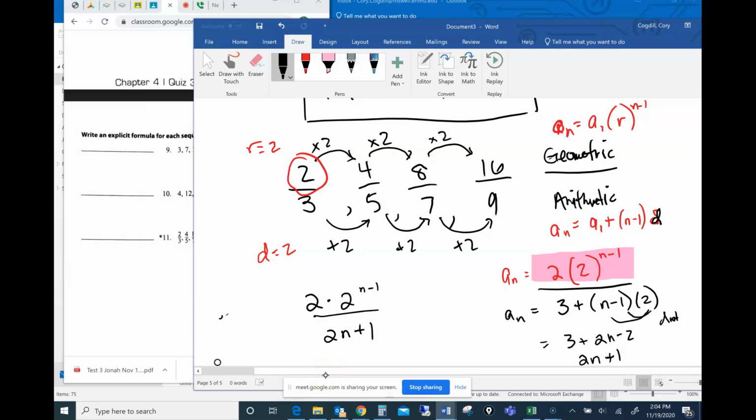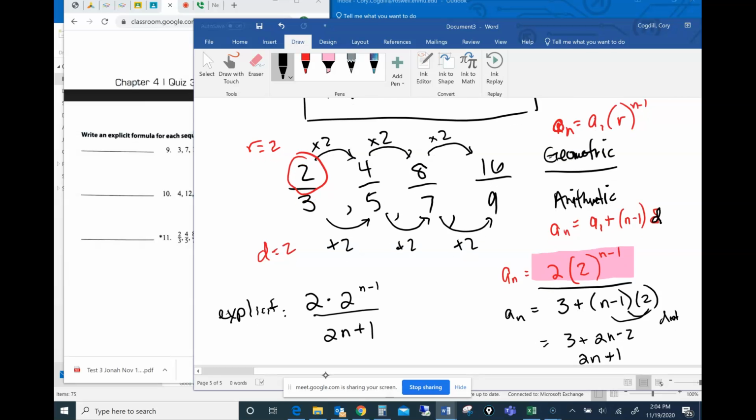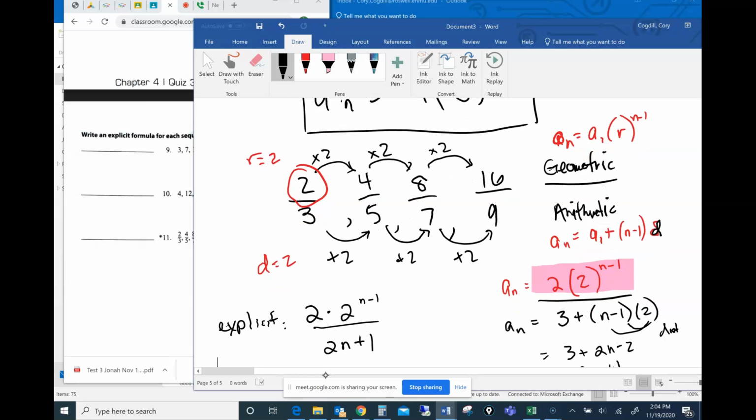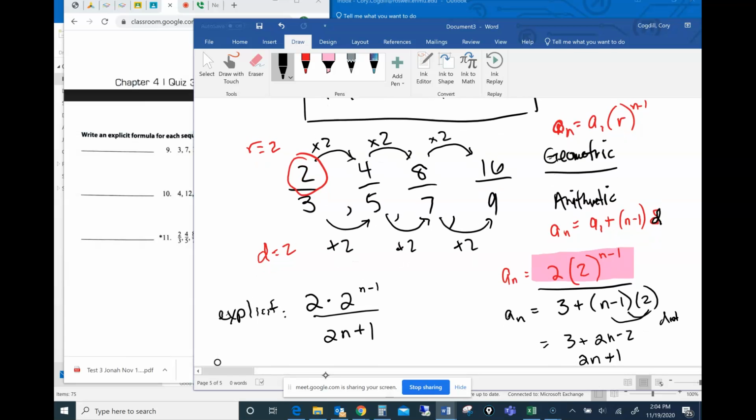So that is what's called the explicit formula for this fraction. It would allow us to find any of the following terms in that sequence, starting with 2/3, 4/5, 8/7, 16/9.